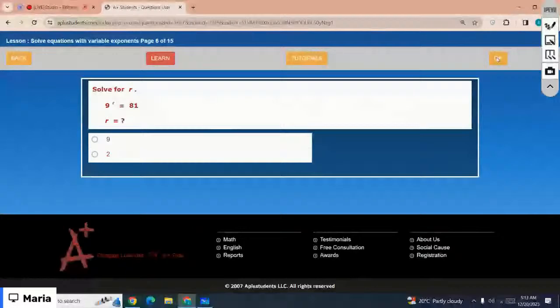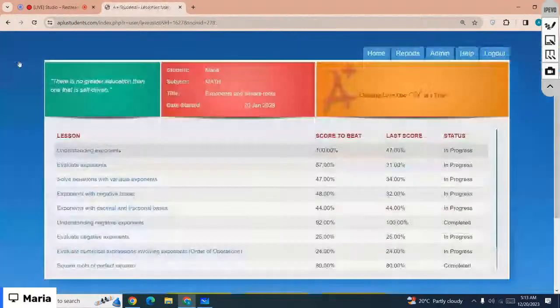That means r equals 2. The correct option is 2. Got it? Okay. You can complete the lesson by yourself later today. Let's just move on to the next lesson. And the next lesson is exponents with negative bases, right?